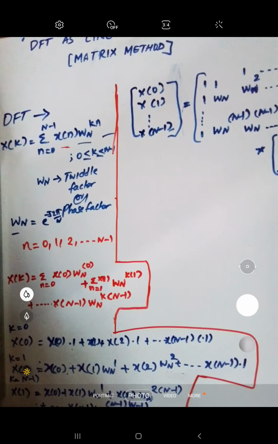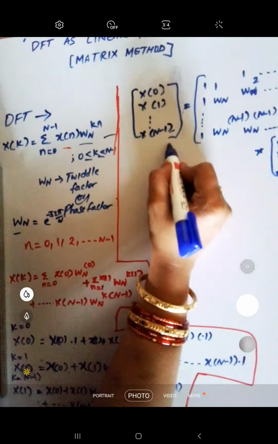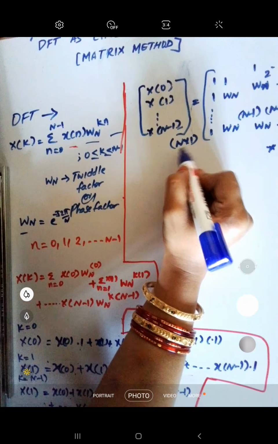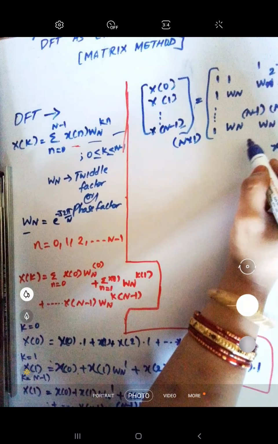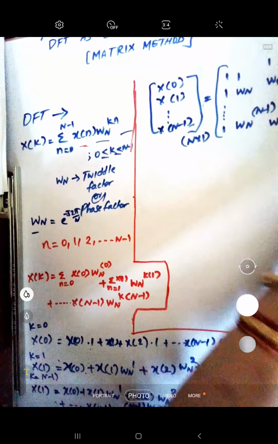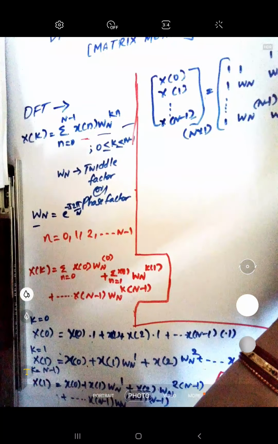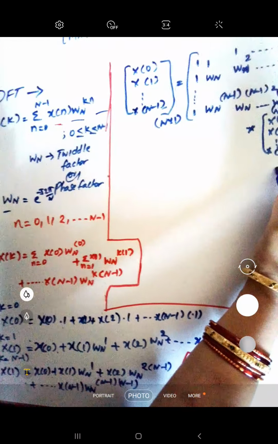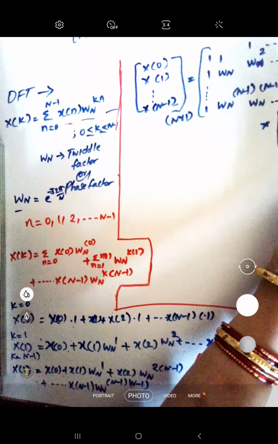The column on the left is an N by 1 matrix because it has N rows and 1 column. The middle one is an N by N matrix, with N rows and N columns. This one is an N by 1 matrix.